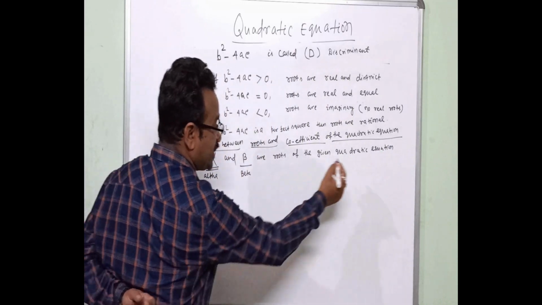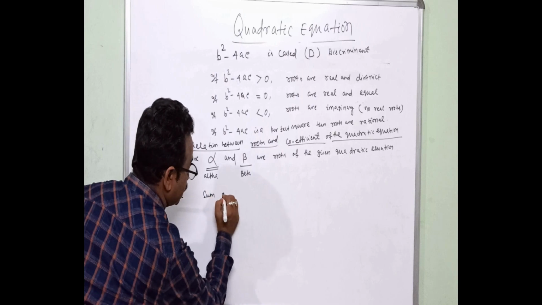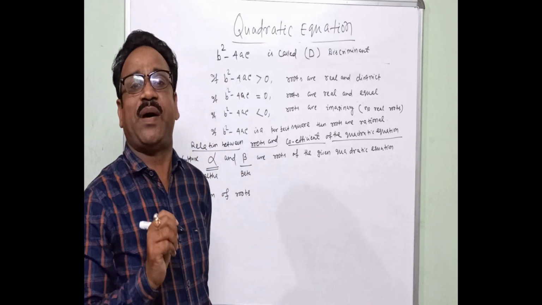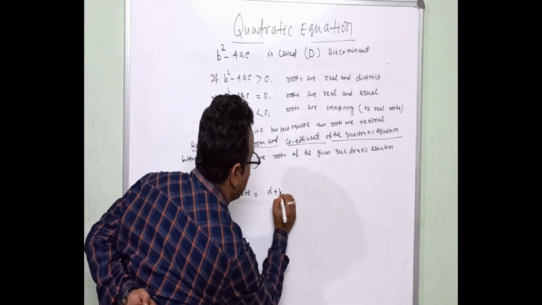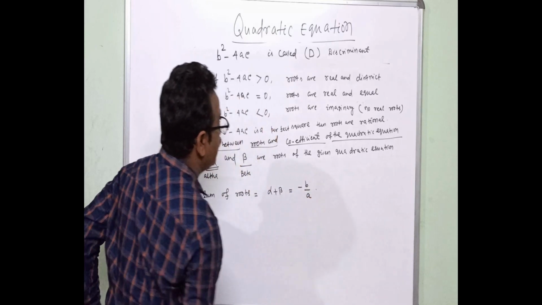Then the sum of roots can directly be found out: alpha plus beta is equal to minus b by a.